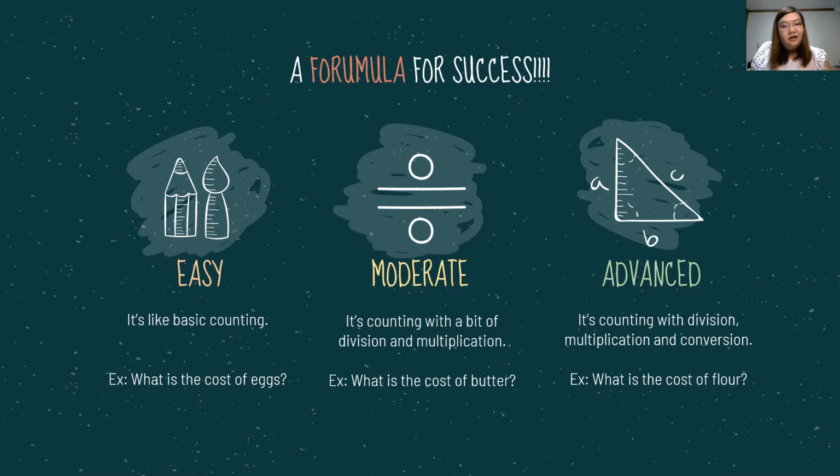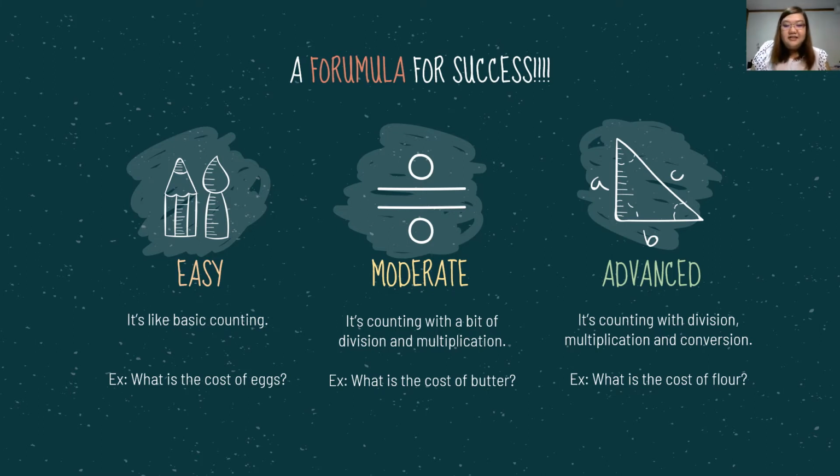Now the moderate difficulty is like counting with a little bit of division and multiplication. An example of this is, what is the cost of butter? One bar of butter is 1 cup. So what if you're not using 1 cup, you're using 1/2, 3/4, or 1/4? You will need to do a little bit of division and multiplication.